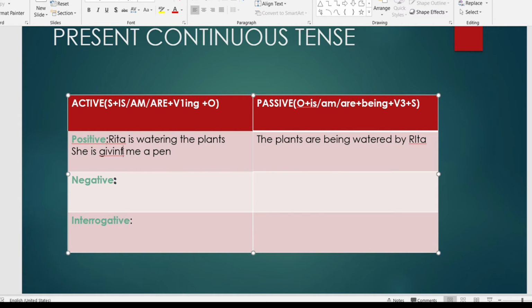Okay, so when you convert this into passive, this becomes: A pen is being given to me by her, or you can also form it this way: I am being given a pen by her. So there are two ways of making it. Now in negative, Rita is not watering the plant.